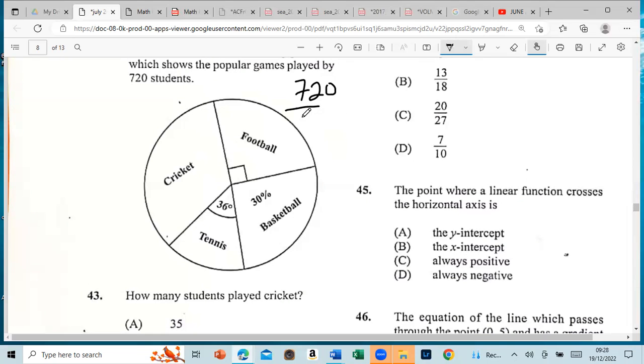And that would be 180. So we know 180 play football. That's the first thing. Alright, so basketball is 30%. So let's find 30% of 720.